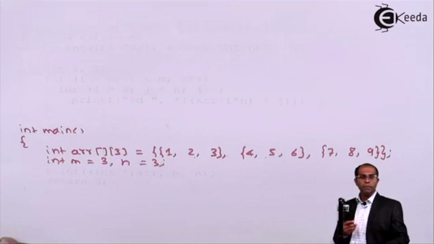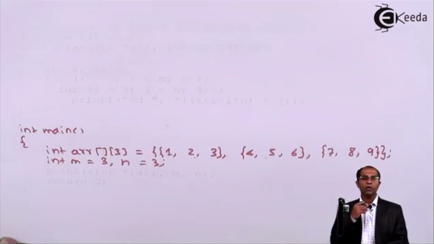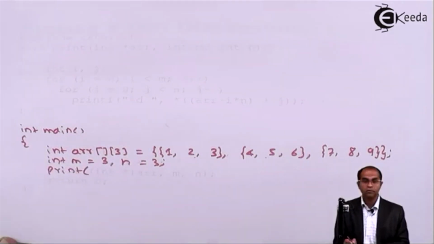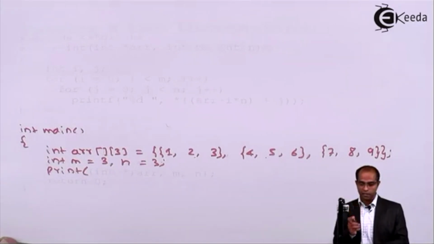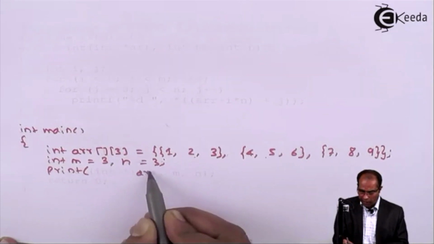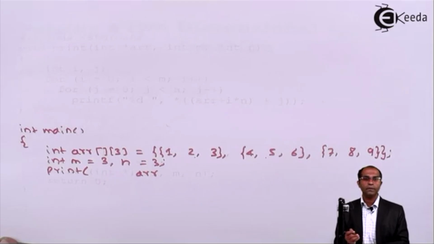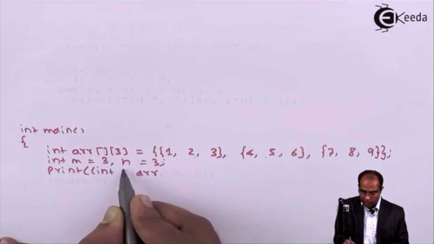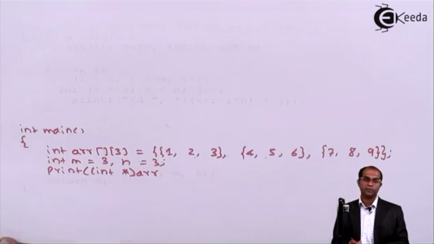Now when we pass, we have to convert this particular array name into a pointer. We have to typecast this. So let me call the function as print. This array arr is of type integer, so I have to typecast this to an integer pointer.